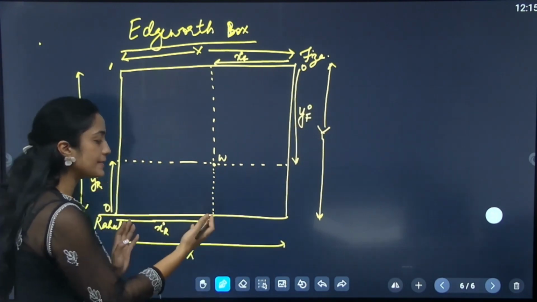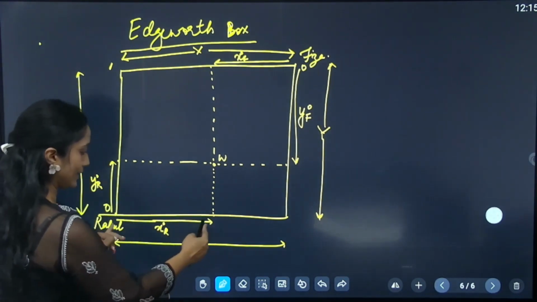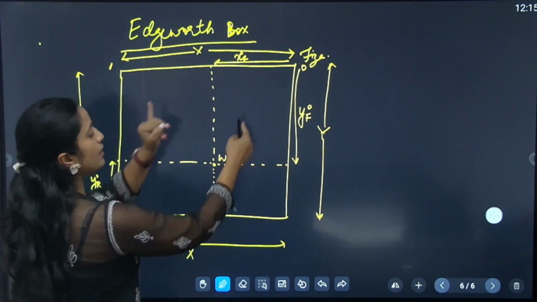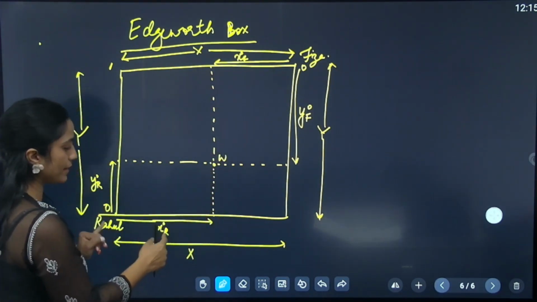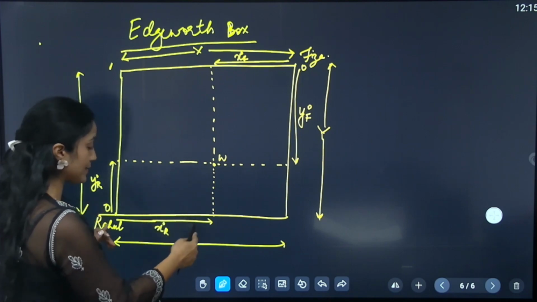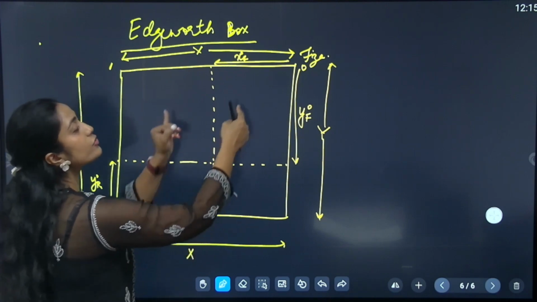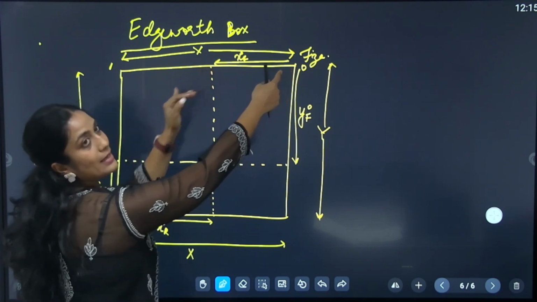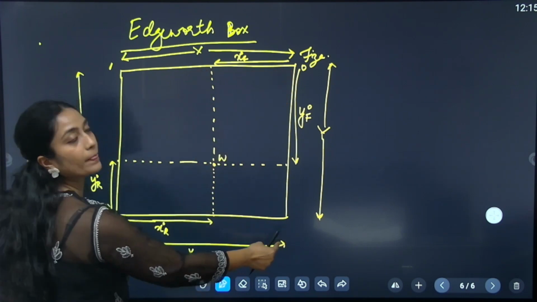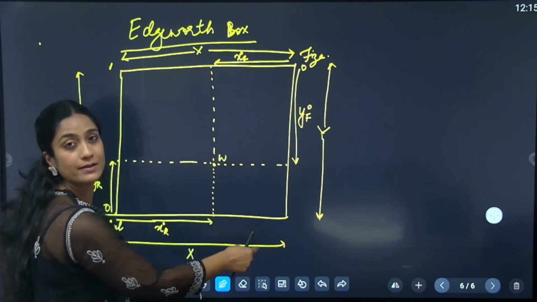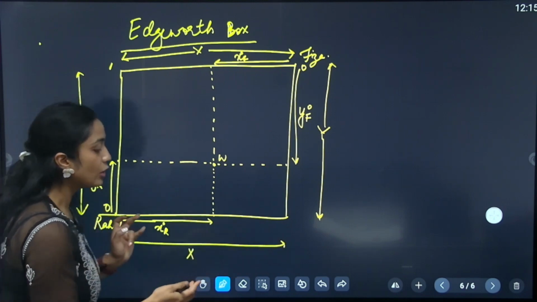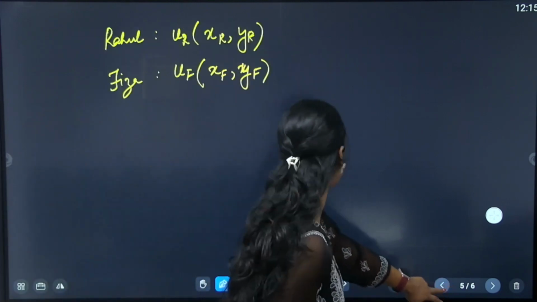And why is this possible? Because we know that this length plus this length, the initial amount of good x that Rahul has plus the initial amount of good x that Fiza has, sum up to the total amount of good x that is available. That is something we have already established.